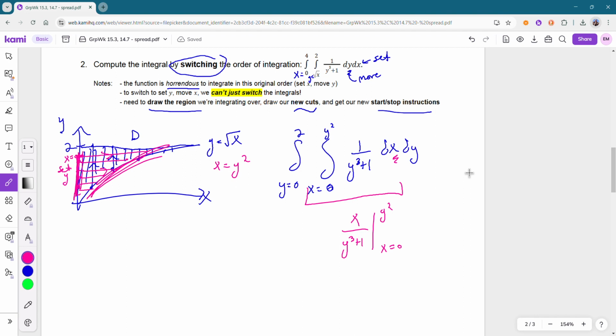And so that gives us, plugging in y squared for x, then subtract what we get when we plug in 0 for x. We get y squared over y cubed plus 1, and then when we plug in 0 for x, it just zeroes out. And so this is our function that we are now needing to integrate from y equals 0 up to 2. So there's our dy.